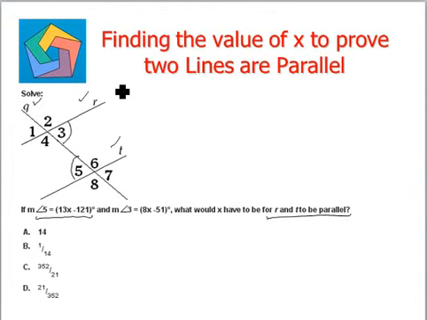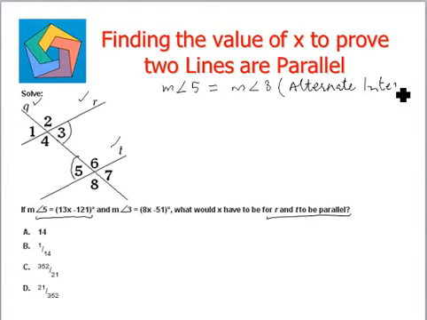For R and T to be parallel, measure of angle 5 must be equal to measure of angle 3. These are forming the alternate interior angles. So we'll plug in the measures of angles given to us and then solve for the value of x. Measure of angle 5 is 13x minus 121 equals 8x minus 51.